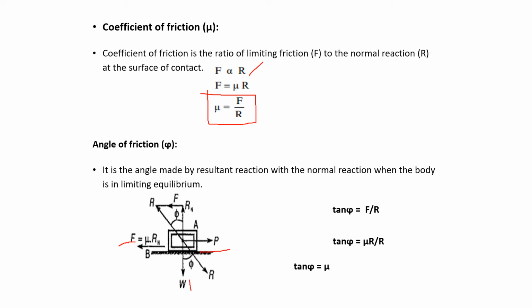The forces acting on the body are the self weight W, the normal reaction R, the external force P, and the limiting friction F. So these forces are acting on the body.